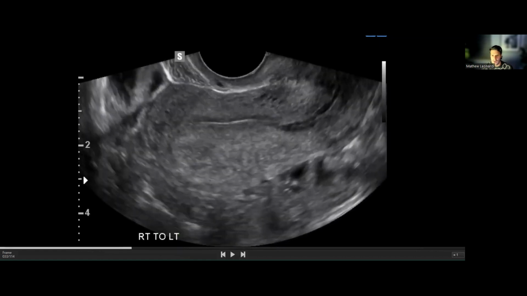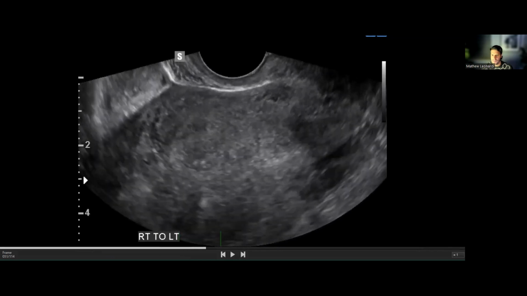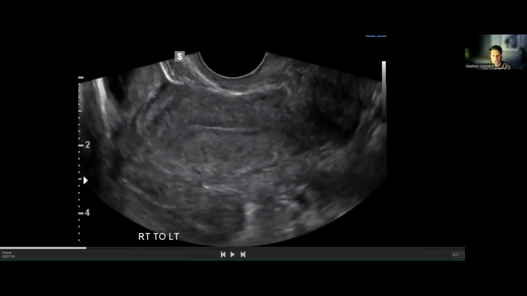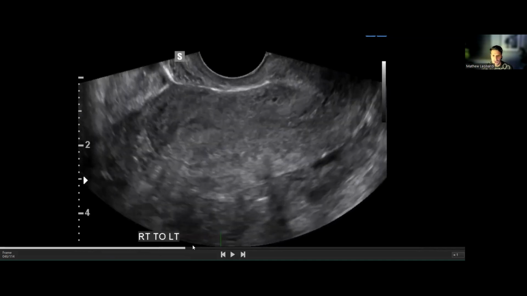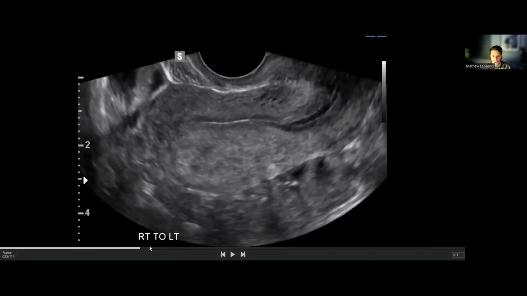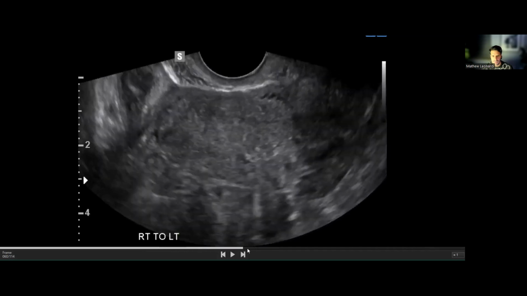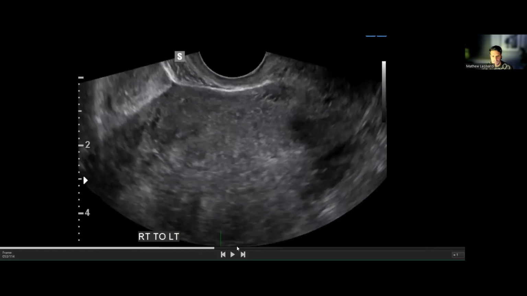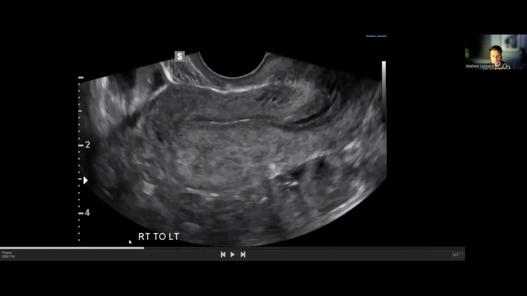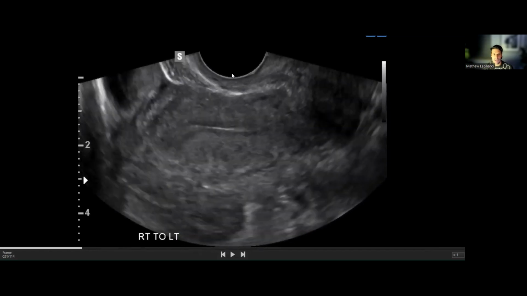So those are vessels there and not myometrial cysts. So I'm not seeing any myometrial cysts here. And so far this thickening is persistent, but there's no clear reason for it, I don't think. I can't convince myself that there's anything there yet.